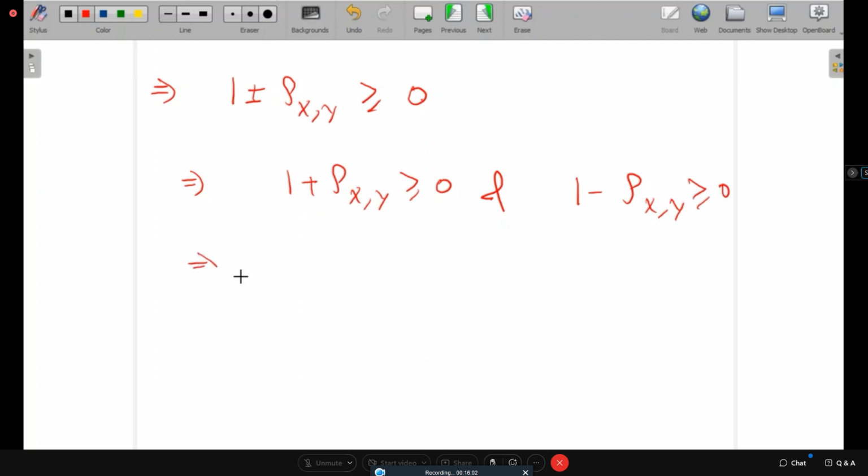Together these imply minus 1 is less than or equal to rho xy, which is less than or equal to 1. This implies the correlation coefficient lies between the values minus 1 and 1. Right? Does anyone have a doubt here now? It's a very simple way.